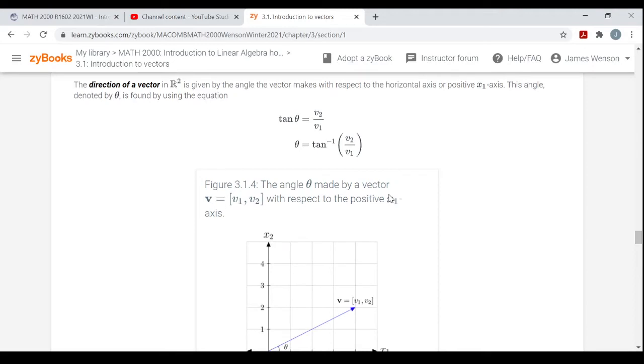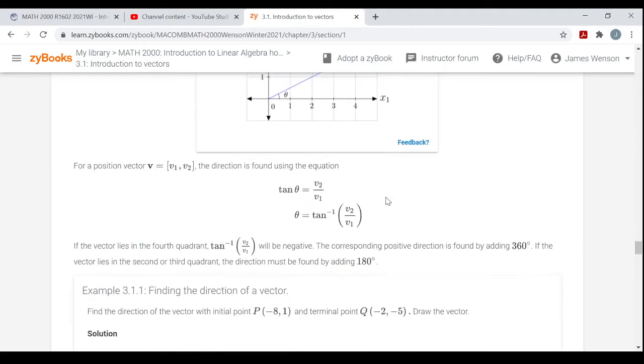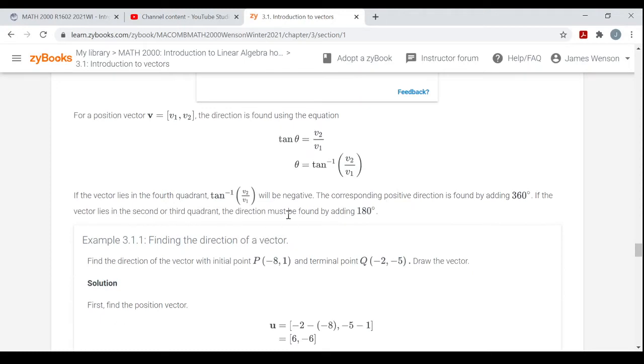So if your angle ends in quadrant 2 or 3, then you're going to have to add something. In that case, you'd have to add 180 degrees. Now, if the vector lies in the fourth quadrant, this will be a negative number, from 0 to negative 90 degrees. You'll add 360 to take you back to the same place in quadrant 4, just to make the angle positive. We're going to be entering positive angle measures.